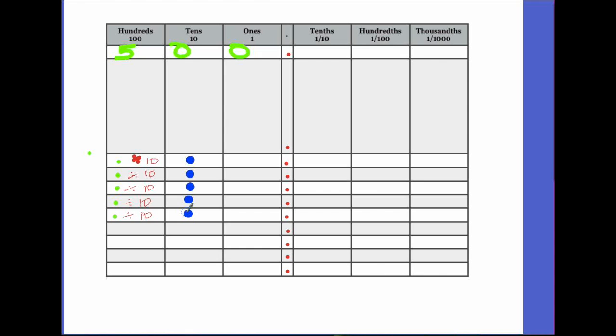What's my final answer? Here's my new number right here. Hold on. Because I just divided this out, so I'm done with this section right here. What do I have left? As far as discs go, what do I have left?